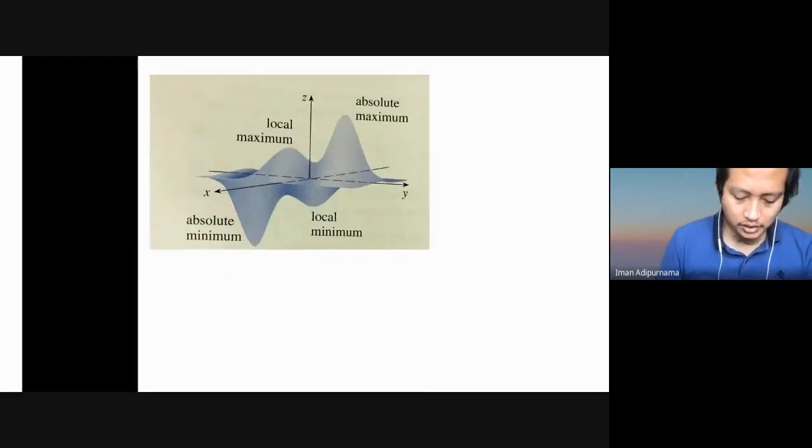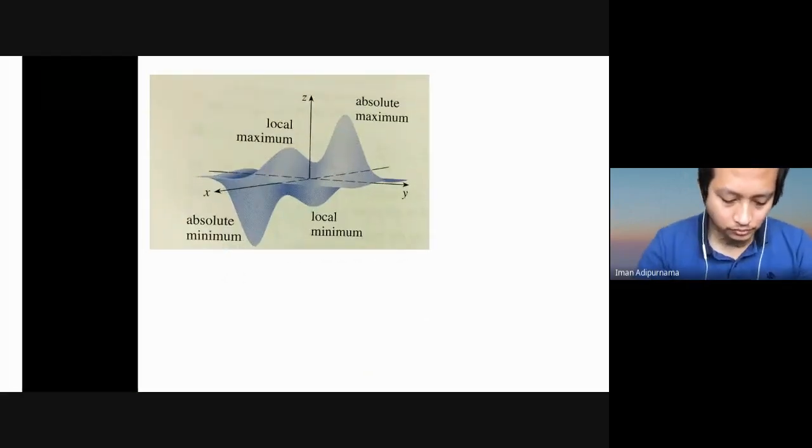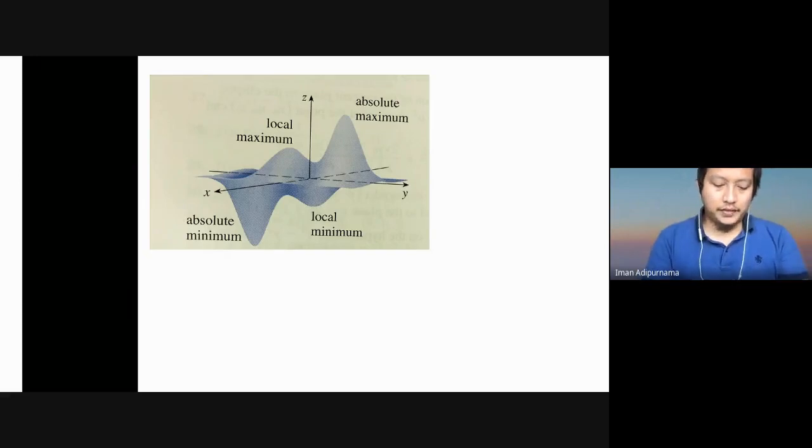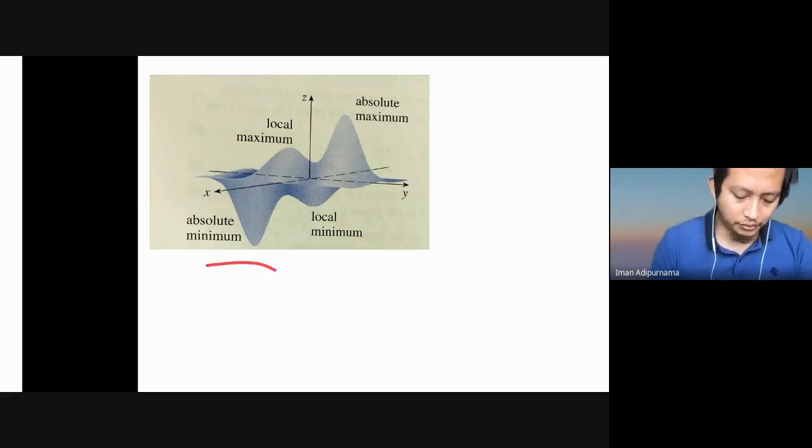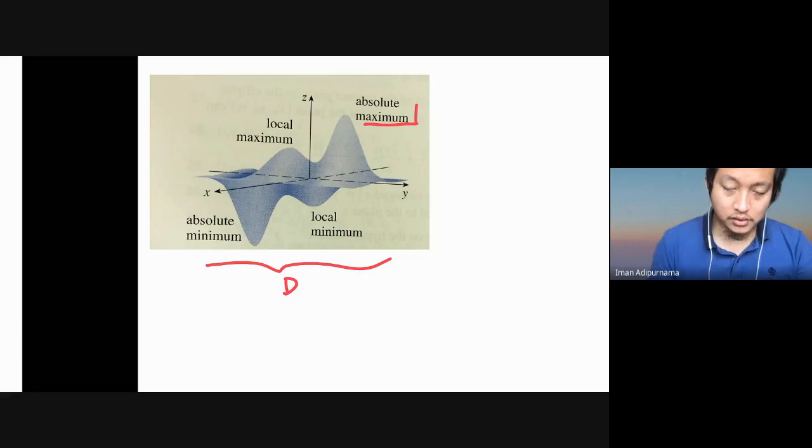If you see here, you will notice that if this is a set of domain, the highest one we will call the absolute maximum. The lowest one is the absolute minimum. And if they have another maximum or minimum in between, we will call them local.